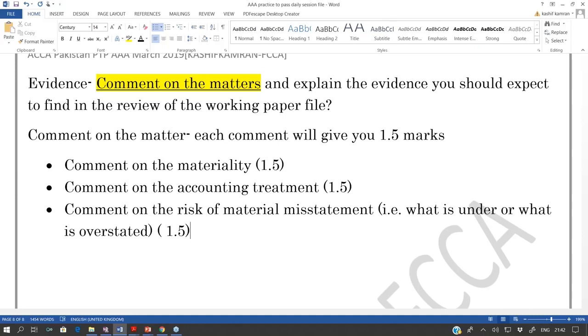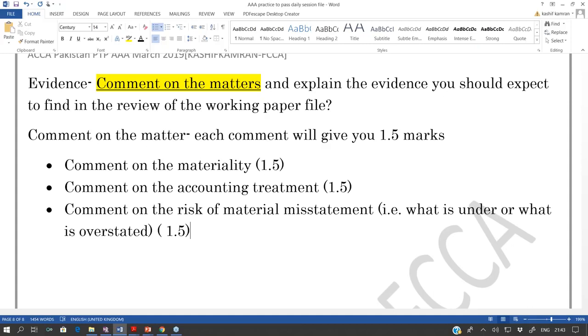This mnemonic can be utilized in a question on audit risk or risk of material misstatement, and it can be utilized in a question on evidence. MTR will give you 3 marks in a question on risk, and 4.5 marks in a question on evidence.